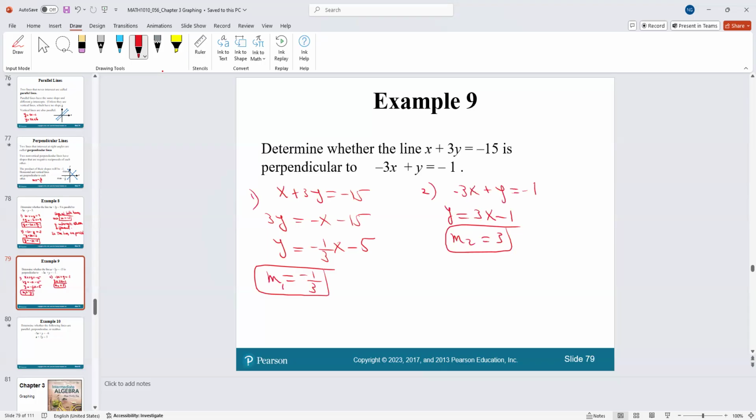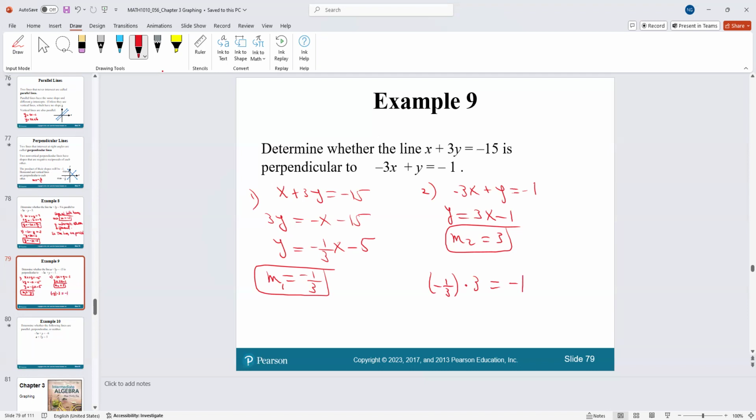Now we said two non-vertical lines are perpendicular if the product of the slopes is negative 1. So the slopes are not the same, and the product is what? If we take negative 1/3 times 3, would that give you negative 1?